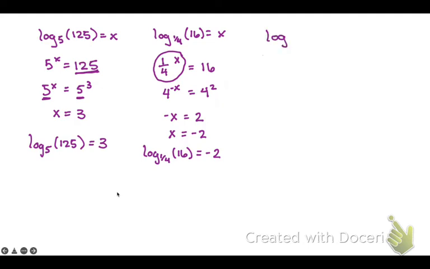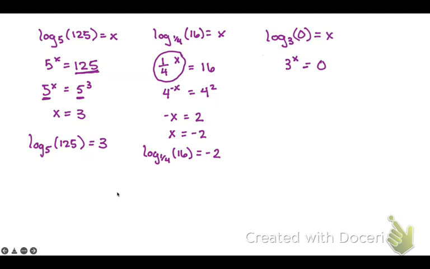Log base 3 of 0 equals x. Well, it's going to be 3 to the x equals 0. So what power gives me 0?